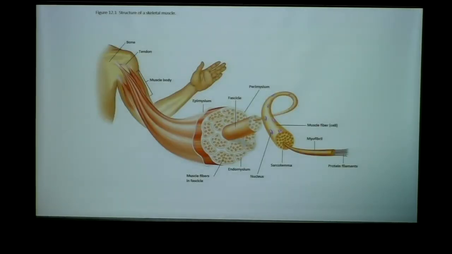Okay, so we spoke about what a muscle looks like, right? We talked about the tendon attaching to the bone, the entire muscle belly, the fascicle, the fiber. At the level of the myofibril, there are a few protein filaments that are moving with each other to bring about muscle contraction, okay?